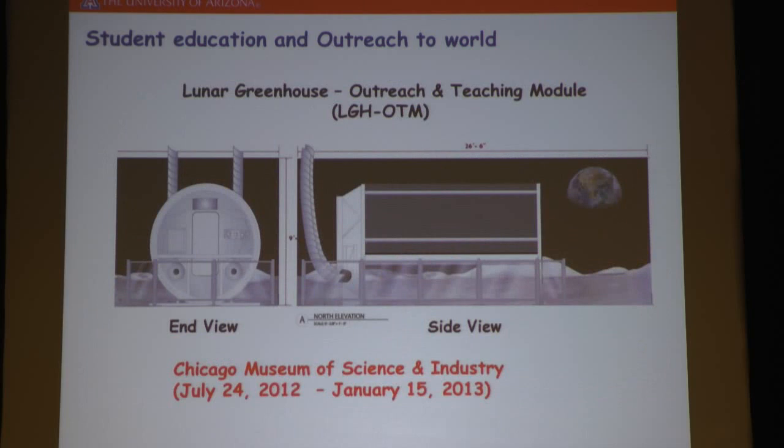And another one sits today in the Chicago Museum of Science and Industry for several months, where many people can come through inside and see hydroponics, controlled environments, and see it in an application that they see a future, to go to the moon and Mars.